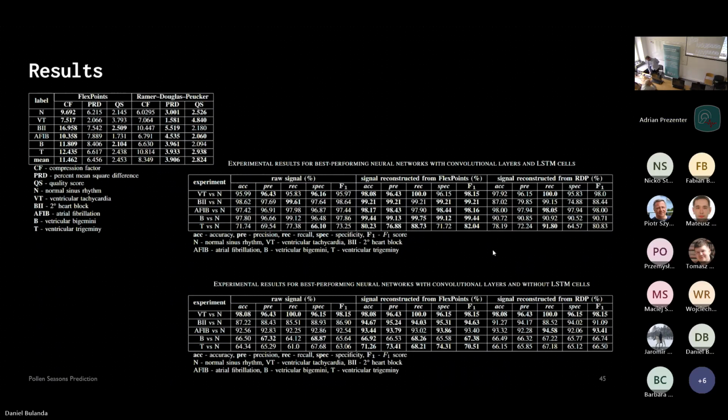For convolutional layers only, the situation wasn't so good, but still good. So in most of the cases, the flex-point algorithm provided improvement versus the raw signal and versus the Ramer-Douglas-Peucker algorithm.